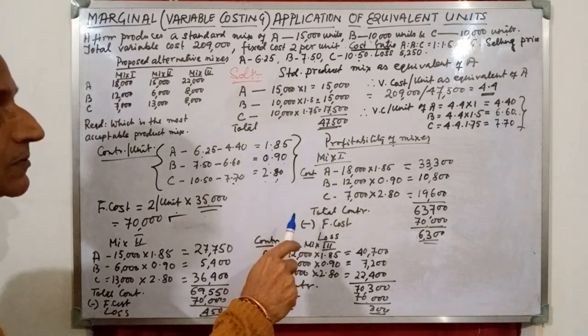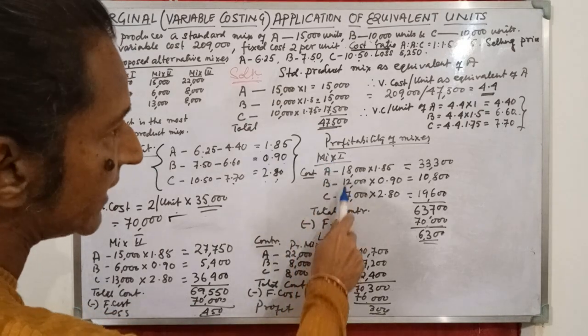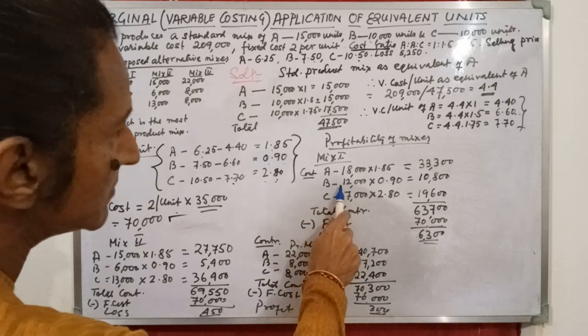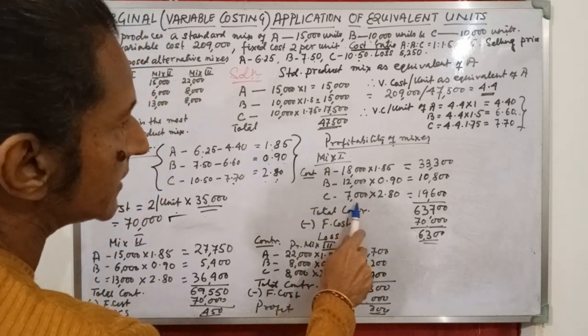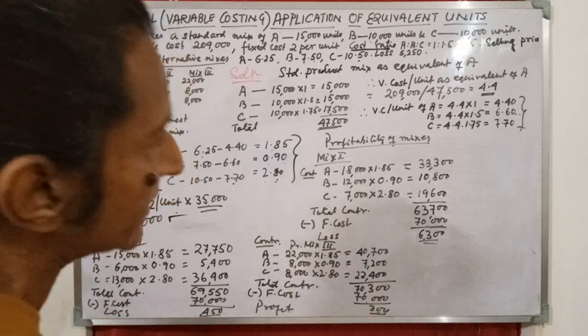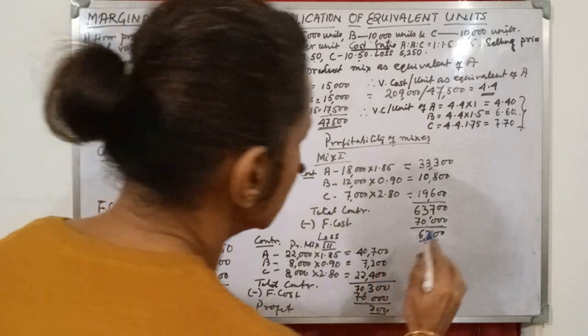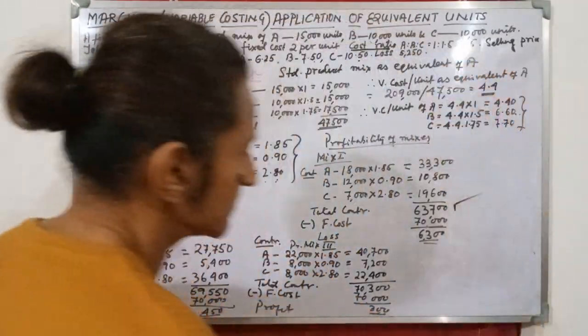Contribution of A in product mix 1 is 18,000 into 1.85, of product B is 12,000 into 0.90, and of product C is 7,000 into 2.80. So we get the total contribution of mix 1 as 63,700.